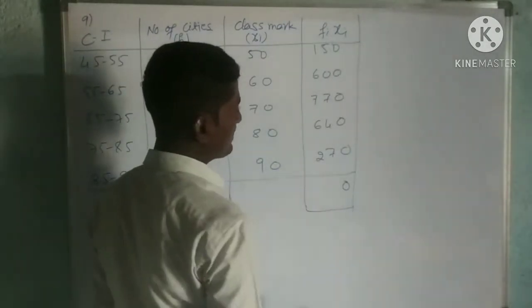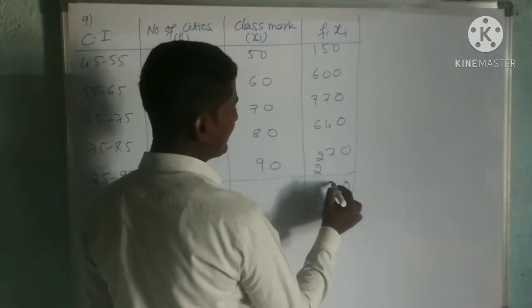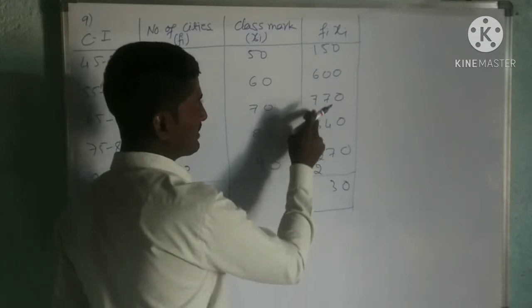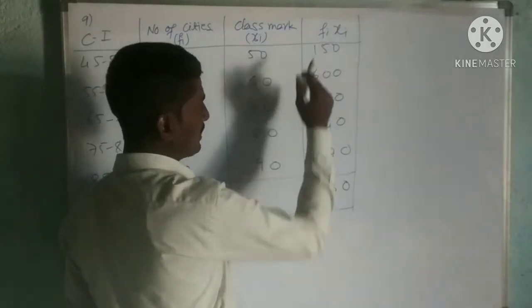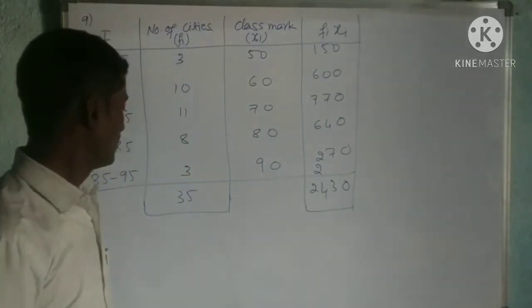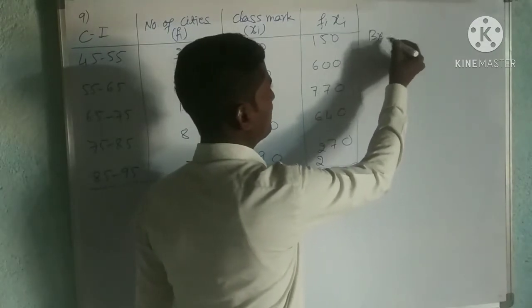0 in the unit place. 14, 18, 18 plus 5, 23. 6, 4, 10, 17, 23, 24 it is. Okay, 2430 divided by 35. Now we have to find by direct method.